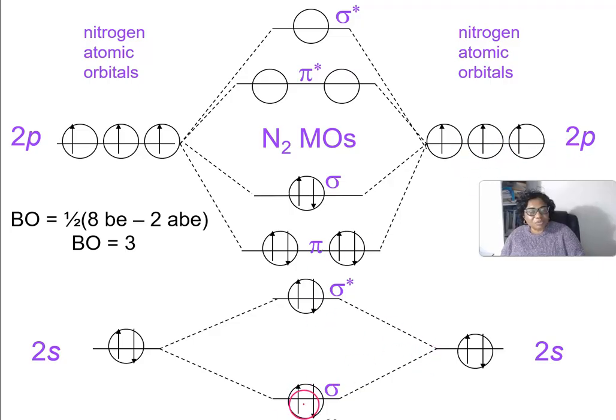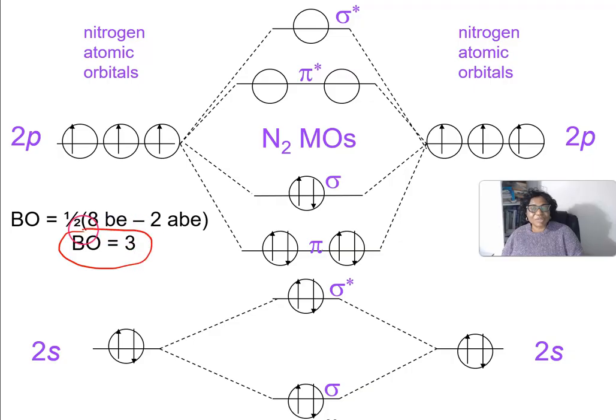So we'll start here. We'll put 2 here, another 2 here, 2 here, and 2 here. We have used 8. Then 10. No unpaired electrons. Bond order: 8 minus 2. The bond order shows that you have a molecule.